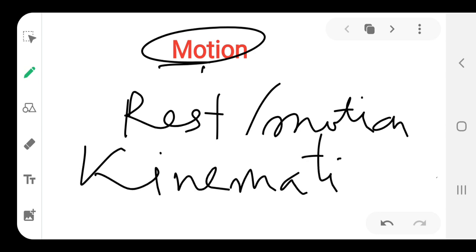So, this is the one we are going to study today. Again, write down what kinematics is.